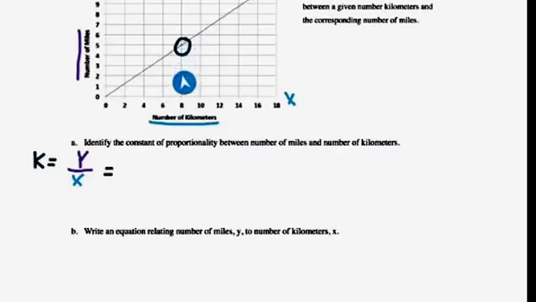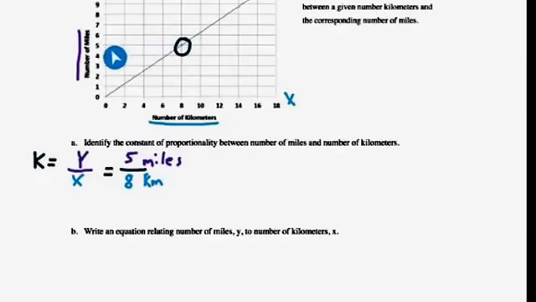So I can determine an exact number of miles when kilometers equals 8. So 8 kilometers, x, corresponds to 5 miles, y. And so I have a constant on our map, or on the graph, 5 miles for every 8 kilometers.